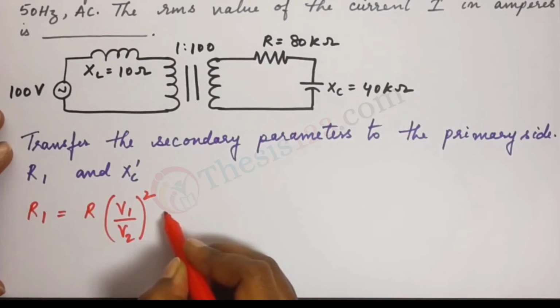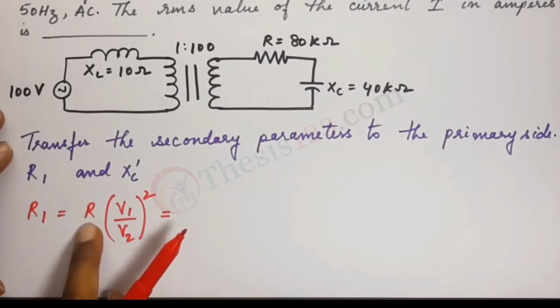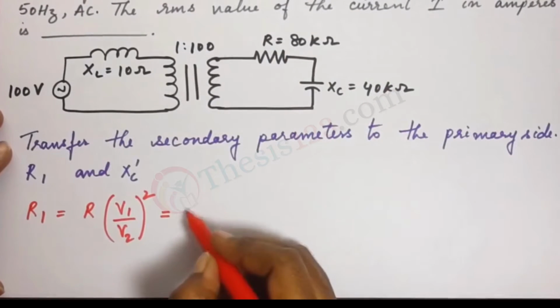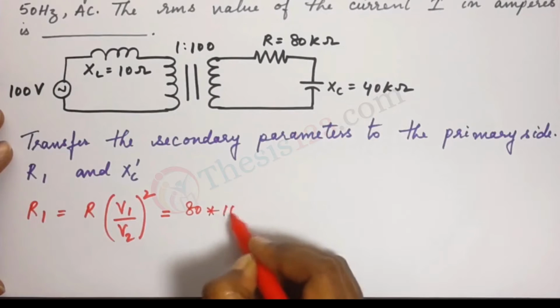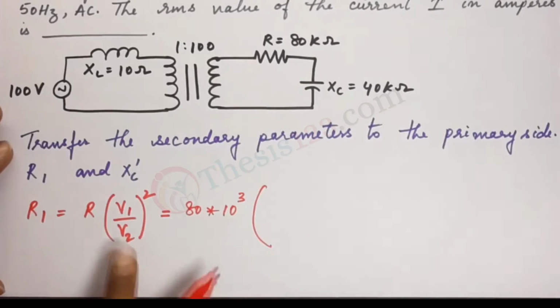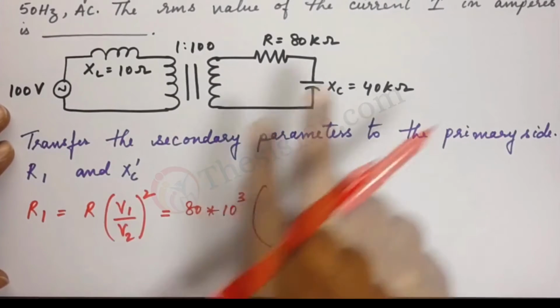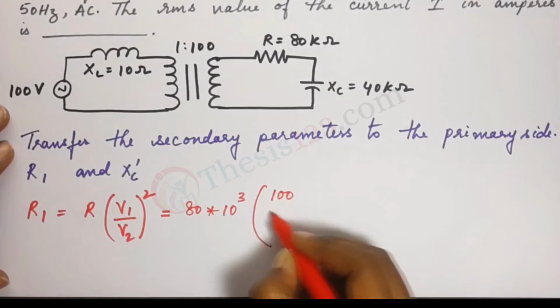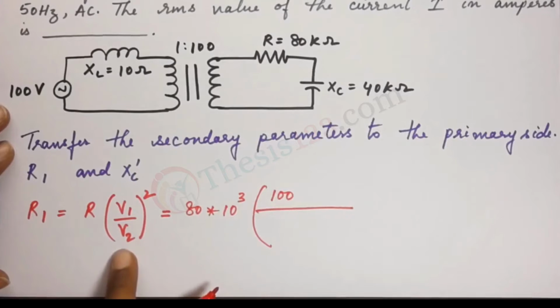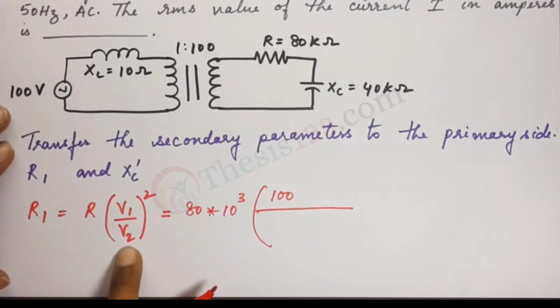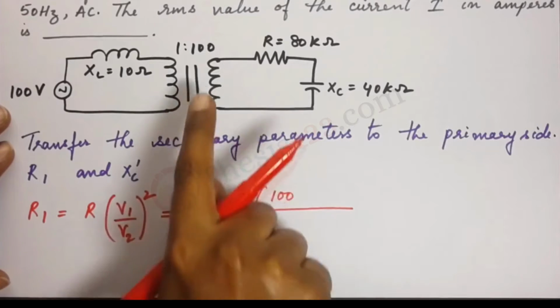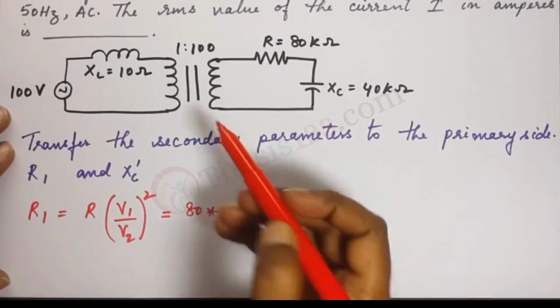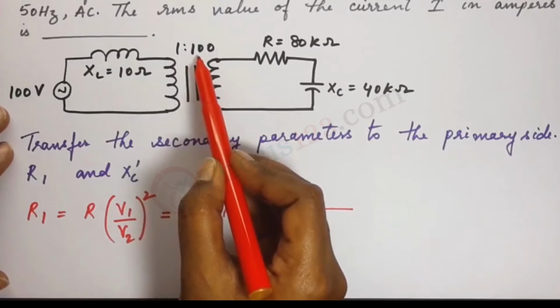Now if we substitute the values, we have R given to us as 80K, 80 into 10 power 3, and V1 is given to us as 100 volts RMS. So that's 100 divided by V2. V2 is the primary voltage times the number of turns, and the ratio is given to us as 1:100.